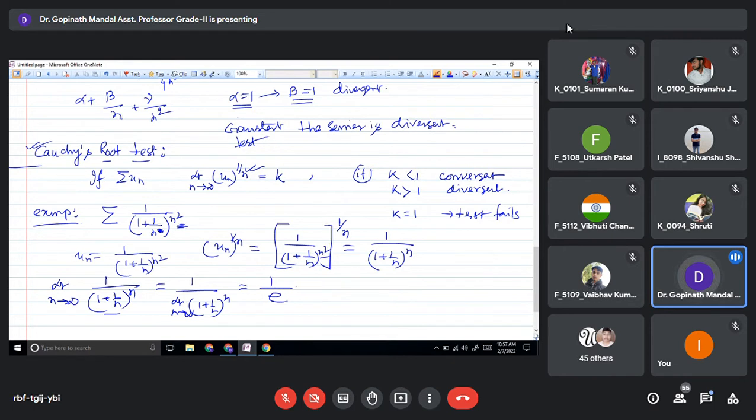So 1 by e. So 1 by e is less than what? Less than 1. That means here k is less than 1. So by Cauchy root test, we can say that this series is convergent.